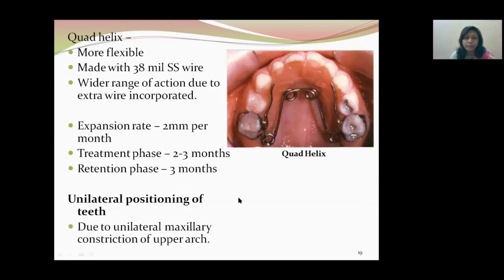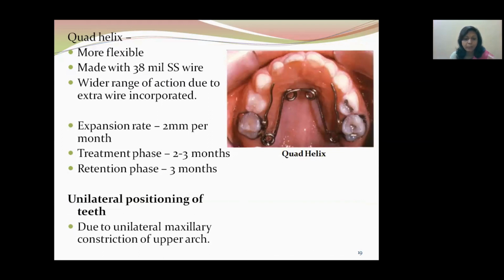It is made with 38 gauge wire, and here there is a wider range of action due to extra wire incorporated in the form of these helices. The expansion rate will be 2 millimeters per month, and the treatment phase will be about 2 to 3 months to expand the arches, and the retention phase will also be about 3 months.